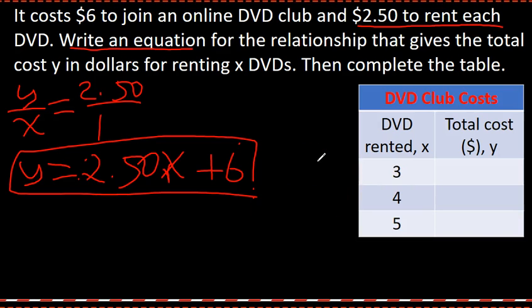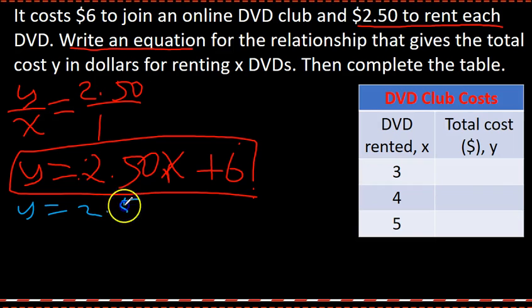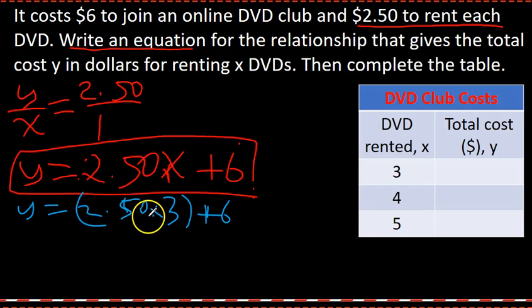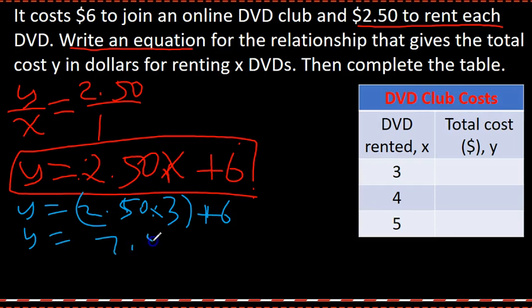So you're going to calculate. Okay, so y equals 2.50 times 3, and then plus 6. 2.5 times 3 is 7.5.